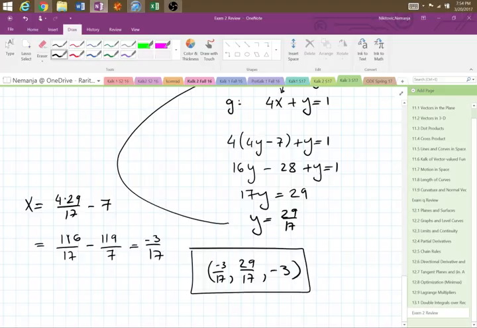Can we do another one? Can we do 12.2 number 69? Well, I don't know anything about level curves though. Or like 68 or 77.